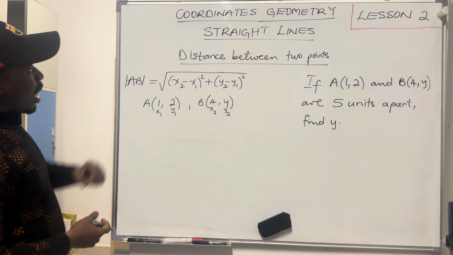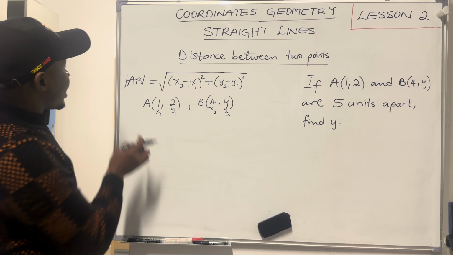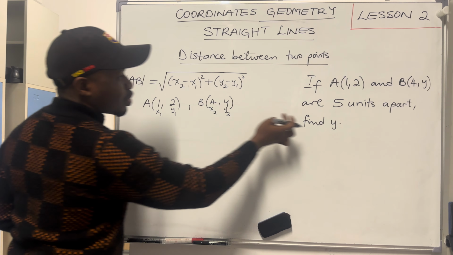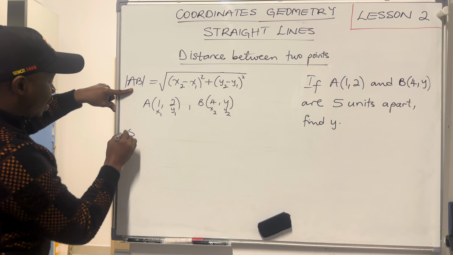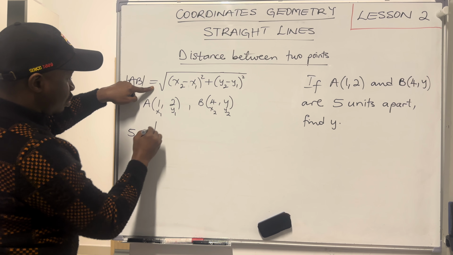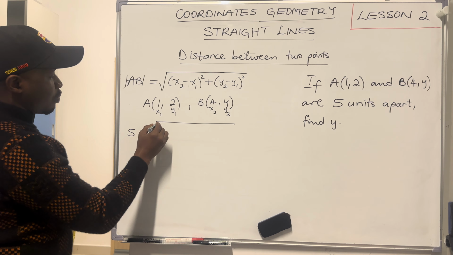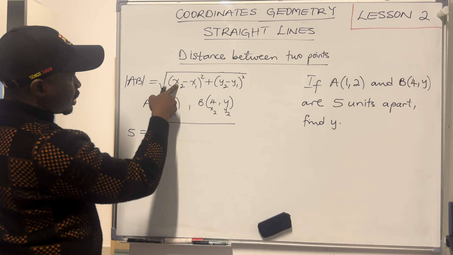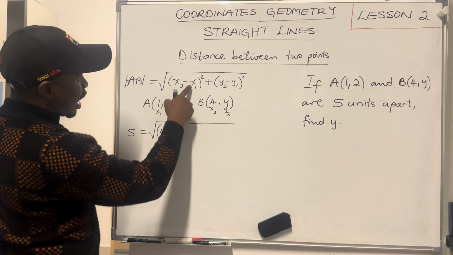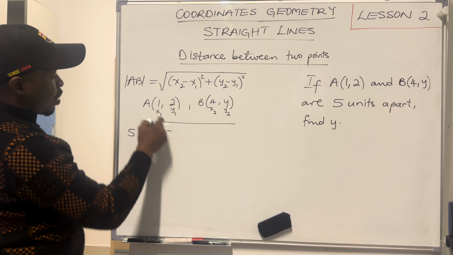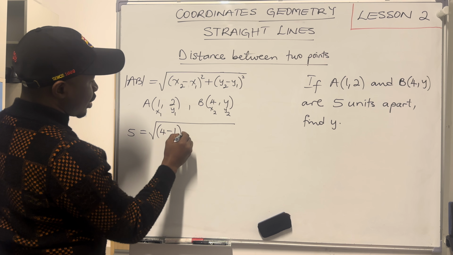Okay. So according to the formula now, distance AB, of course, we are given distance AB to be 5. So 5 is equal to the square root of x2. What is x2? 4, minus, how about x1? x1 is 1, squared.